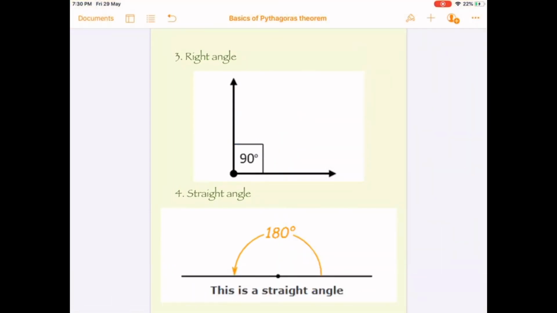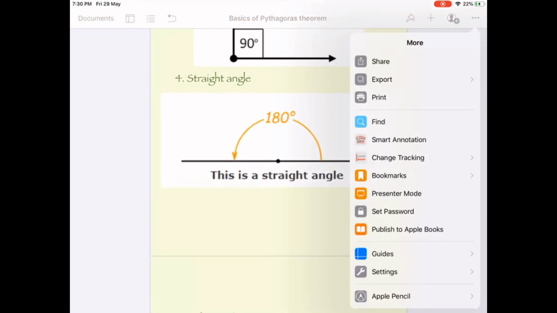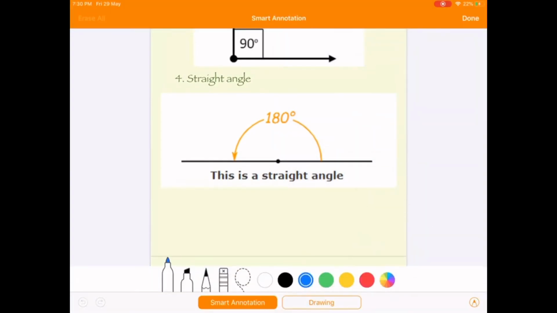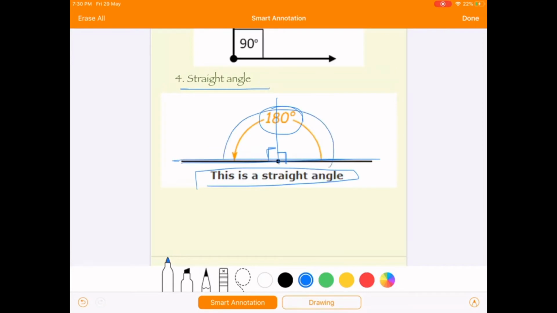Let us move to the next, which is the fourth type, the straight angle. This is a straight angle. You can see this is 90 degrees. If we draw a perpendicular, it will be 90 degrees, right? And 90 plus 90 is 180 degrees. Now this straight line is a straight angle which is of 180 degrees.